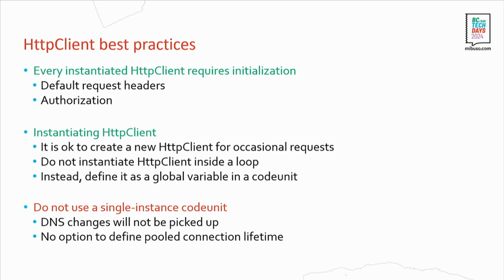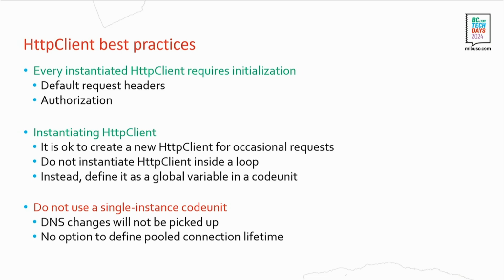Every instantiated HTTP client requires initialization with some default request headers or authorization headers, etc. Now this is my recommendation: it is okay to create a new HTTP client for occasional requests, so requests that just happen every now and then, like an HTTP request to check a license every hour or something like that.